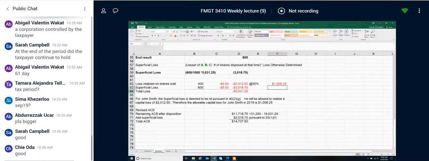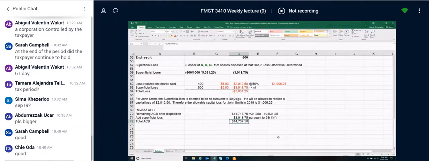Now what happens to the superficial loss? Again, this is going to be nil. You can't recognize it. But that will be added to the ACB of the remaining shares, which in this case means you're going to have an ACB of 14,737.